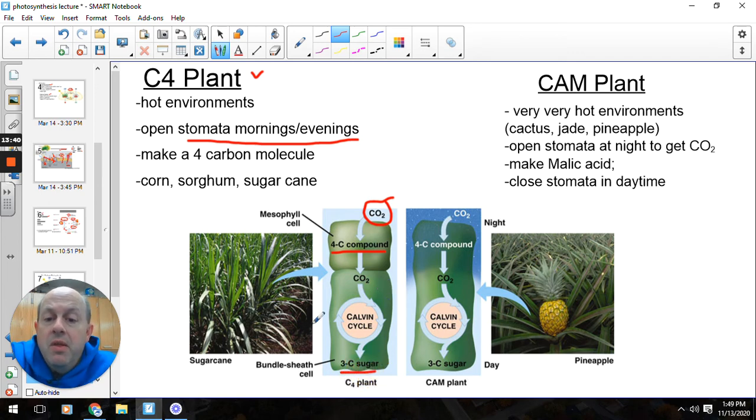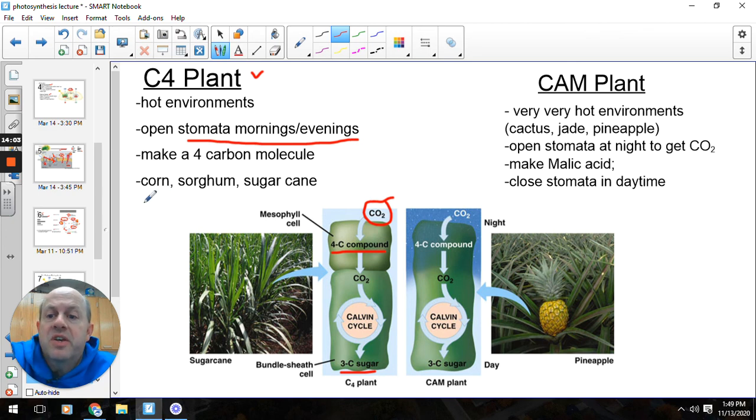The problem is we've added an extra step, and anytime you add an extra step, the cost is a little steeper. It's like when you have a middleman in your buying, you're going to pay a little bit more for your price. So these plants need to have a little bit more energy, and so that's why they live in tropical kind of regions where energy is not really a problem.